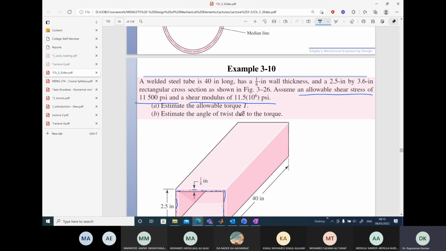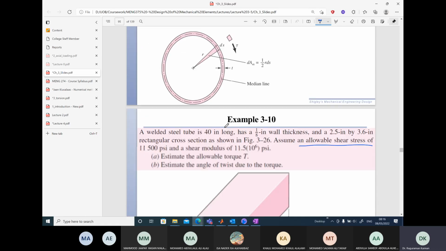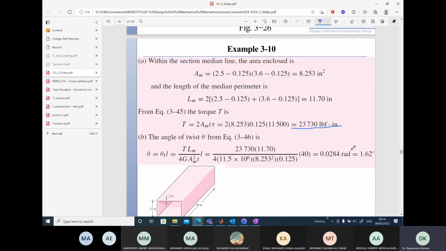Estimate the angle of twist. We have all these quantities. Substitute tau allowable, Lm we have, Am, thickness, G, all the values are given. Substitute and calculate in radians. The value calculated the angle of twist will be in radians.